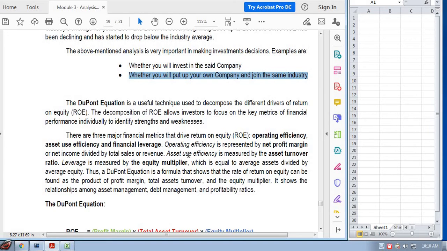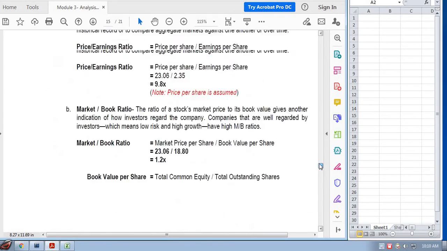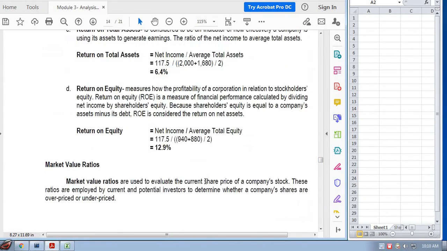Take note that your investment is part of the total stockholders equity. Okay? So, 'di ba ganito yung formula kung babalikan natin yung lesson 2, we will go back to the return on equity. That is, okay, ROE is equal to net income divided by average total equity.